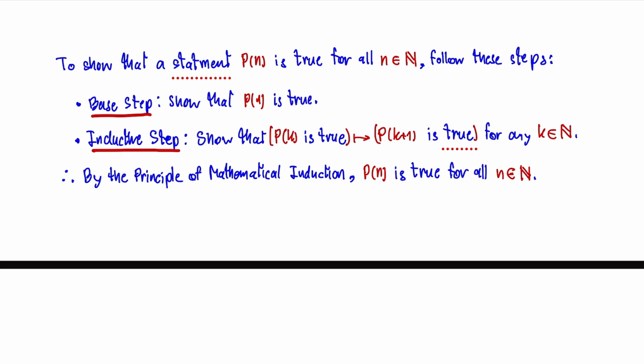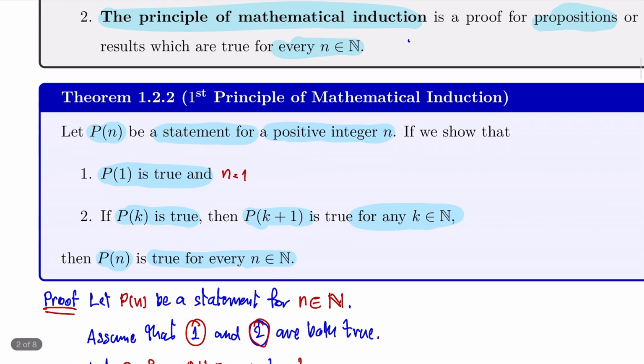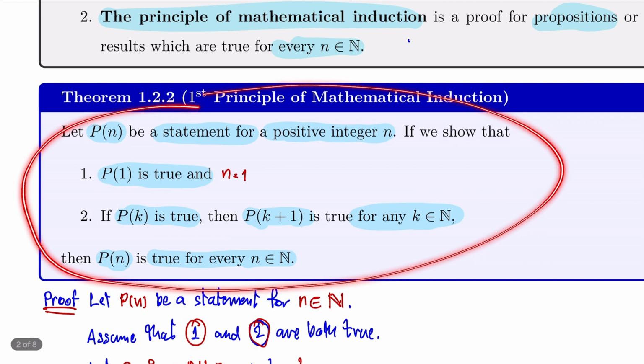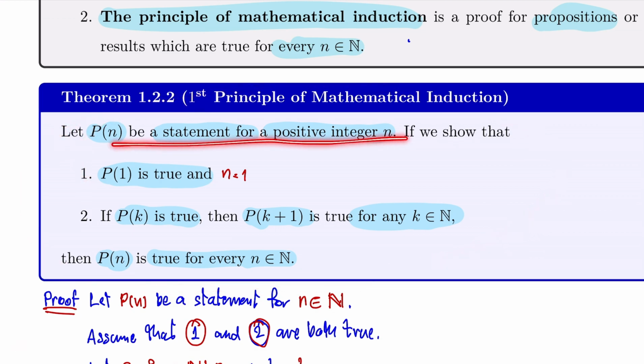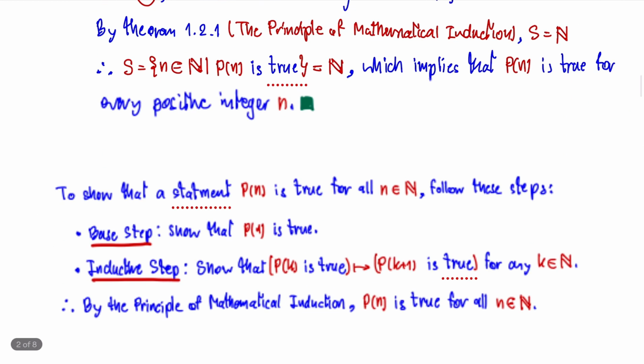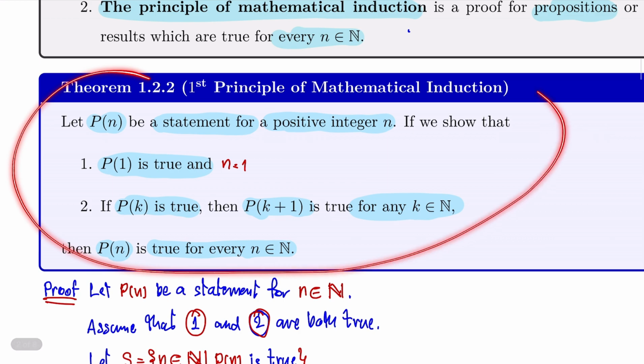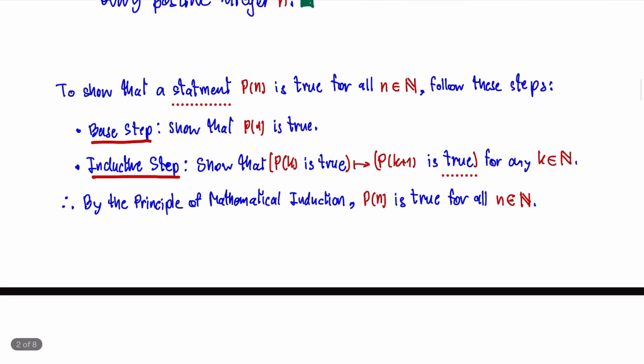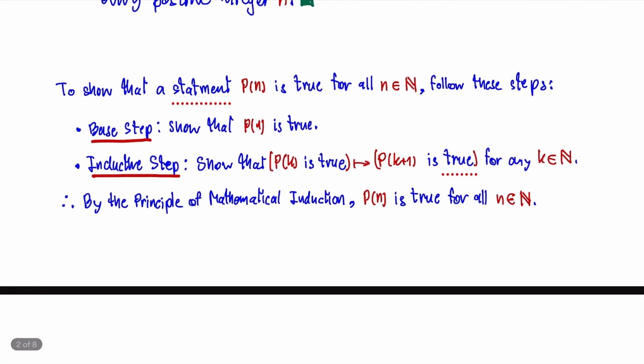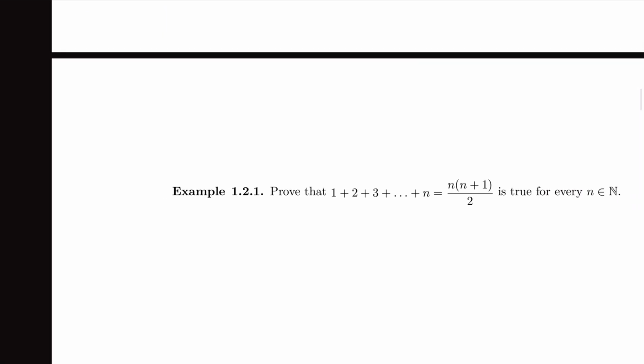Now we will use this theorem to prove a proposition for a positive integer n. So let's go to the proof right here.